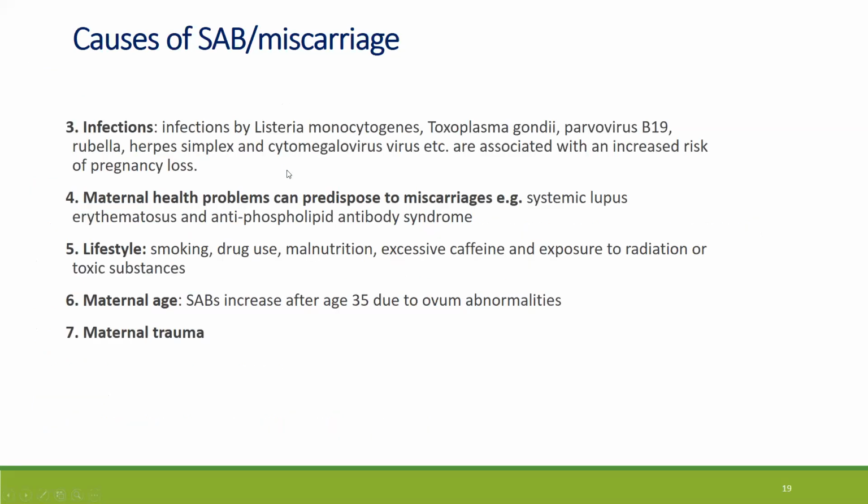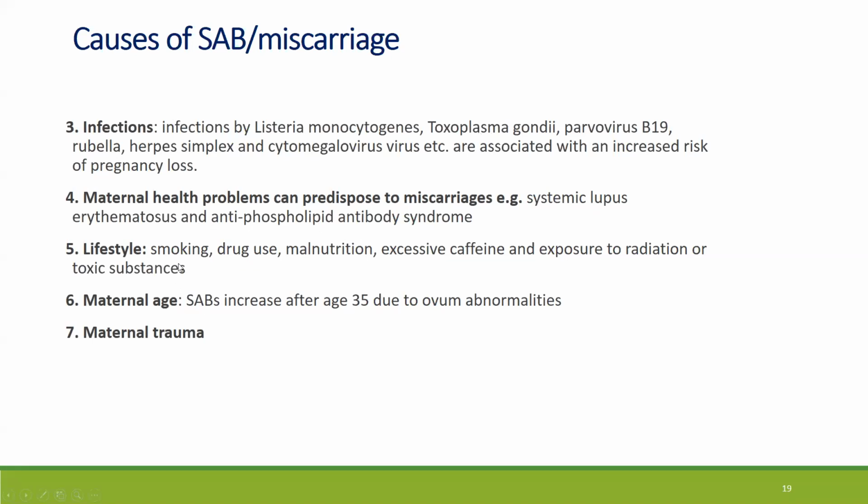Infection, diphtheria is a cause of miscarriage or spontaneous abortion. Maternal health problems. Remember, systemic lupus erythematosus is a very good cause of spontaneous abortion, with the antiphospholipid antibody syndrome. So systemic lupus is a risk factor.